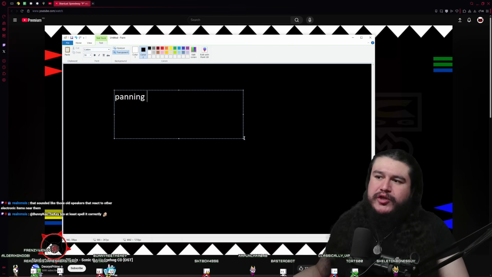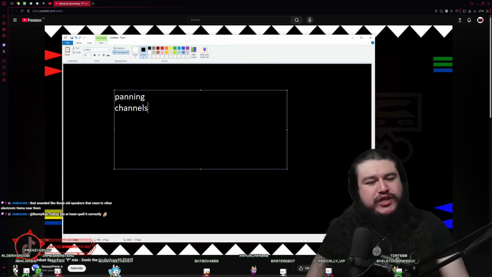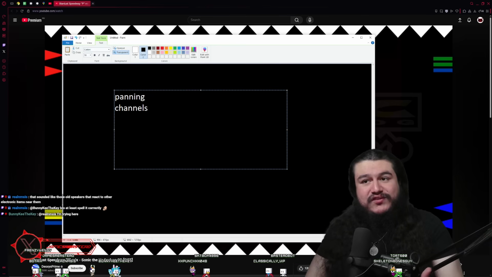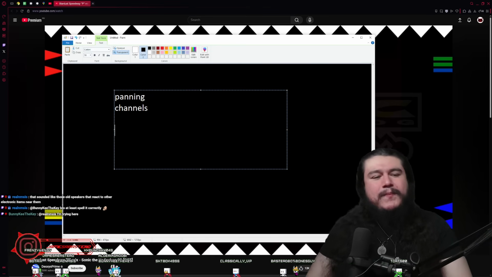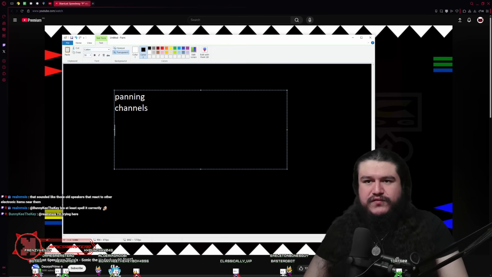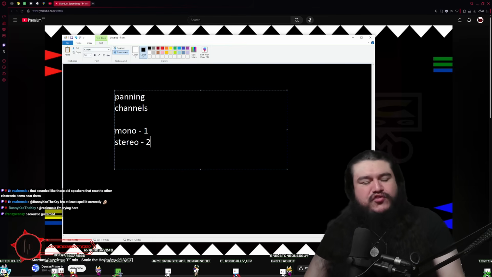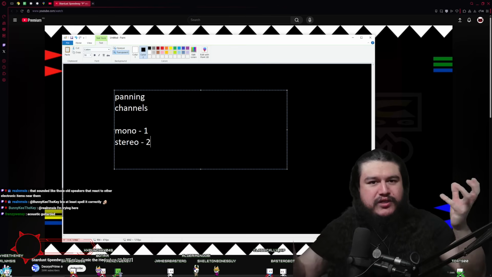When it comes to audio, we treat stuff in channels. The number of channels is the number of speakers that your sound or your track is designed to go through. There's three main setups of these channels. There's mono, which is a single channel. There's stereo, which is 2 channels, which is the standard that we have. Most people will have stereo because, left ear, right ear, headphones.